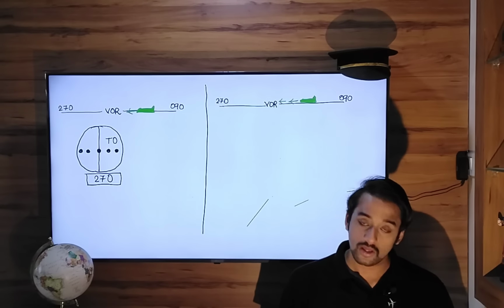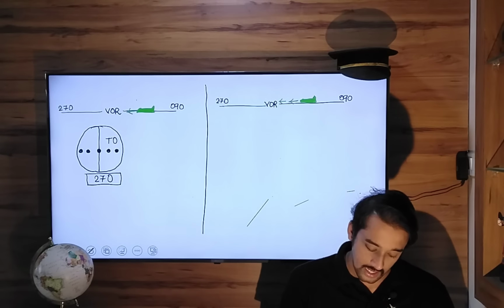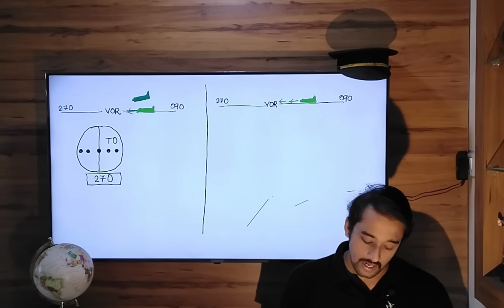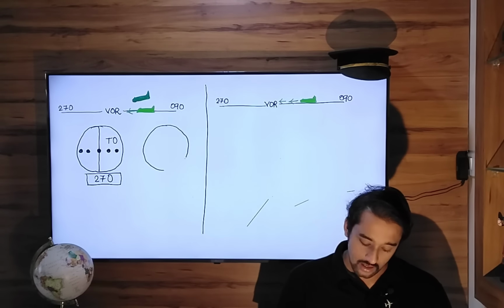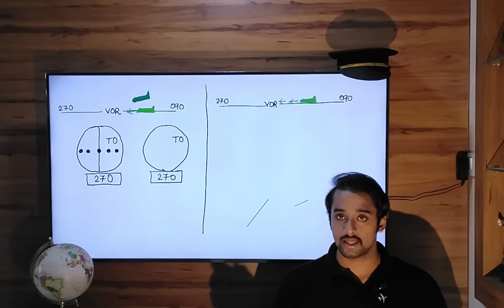Now, if your aeroplane goes to the right hand side, it gets drifted to the right hand side somewhere here. When it gets drifted to the right hand side, what indication will the CDI needle show? We have put 270. The TO indication stays like that.